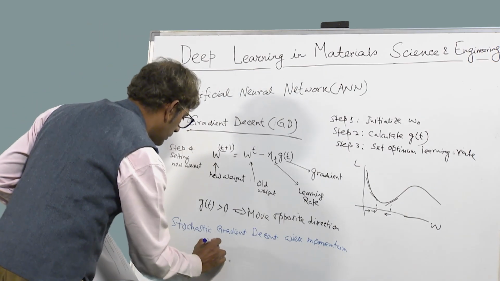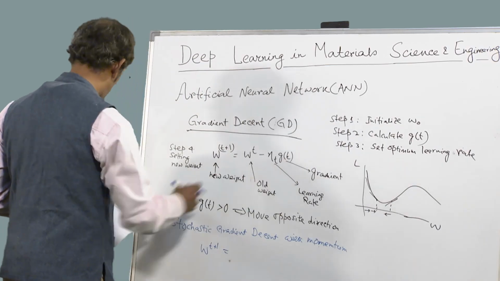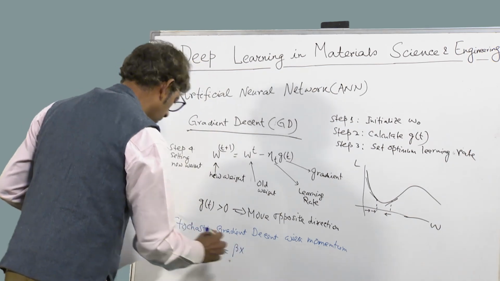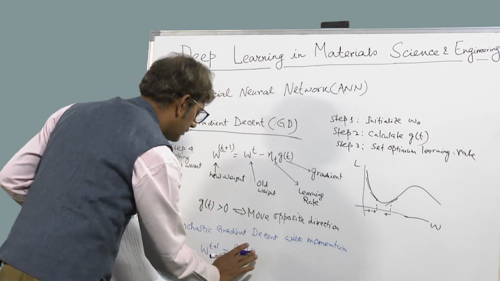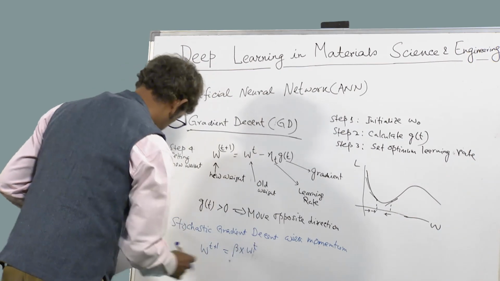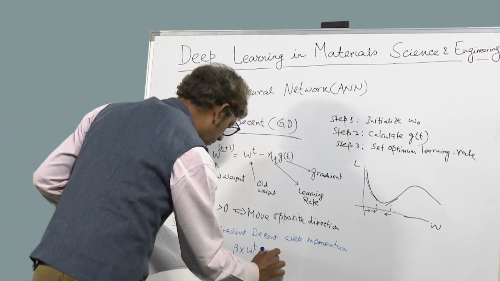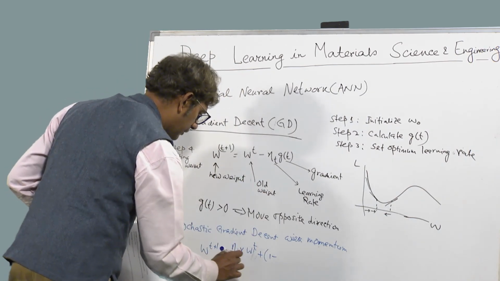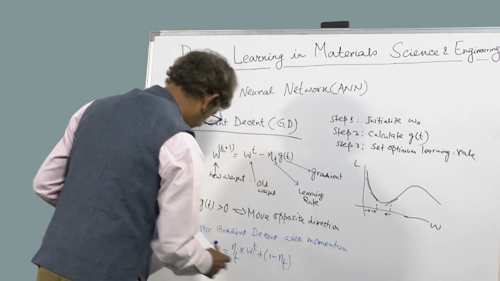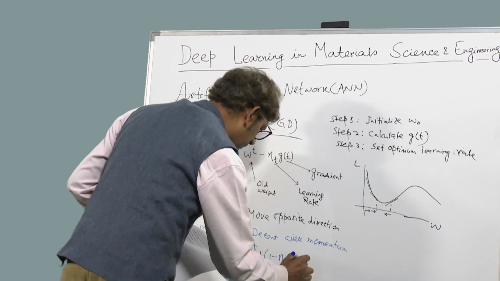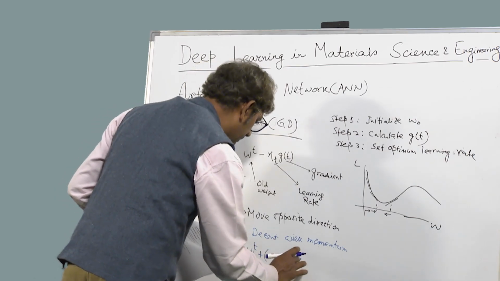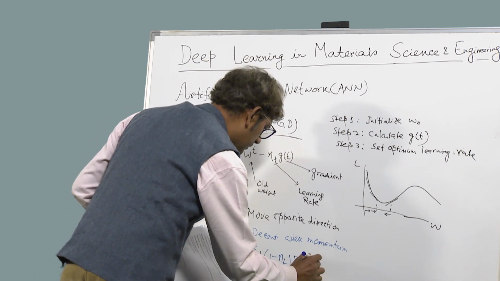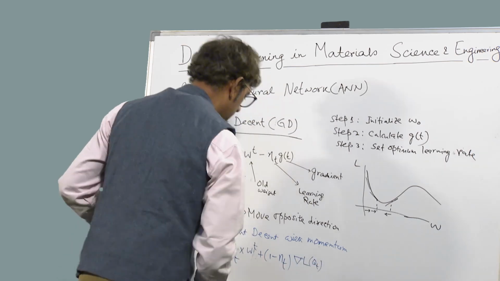So, W t plus 1, this is the standard one, becomes beta into W t, plus 1 minus, this is not a beta, this will be eta t, the learning rate, 1 minus eta t, multiplied by the gradient of the loss function at some step theta t.